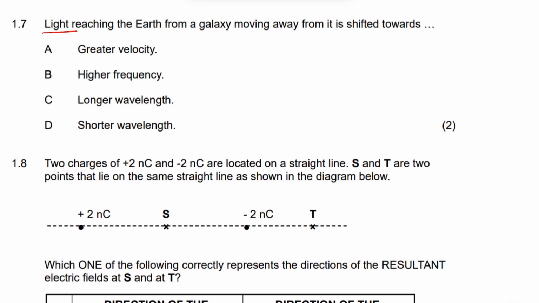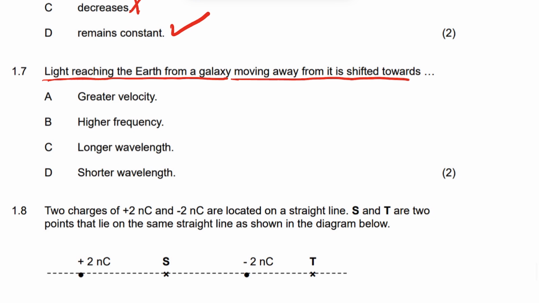It says light reaching the earth from a galaxy moving away is shifted towards, right? So this is a key here. When the galaxy is moving away, that is what we call a redshift.